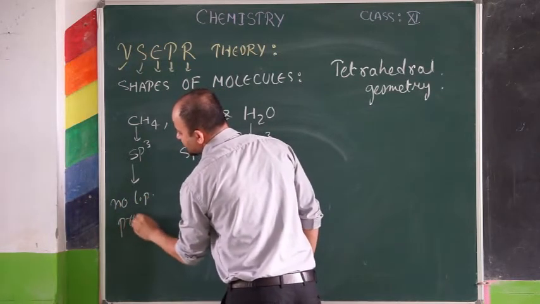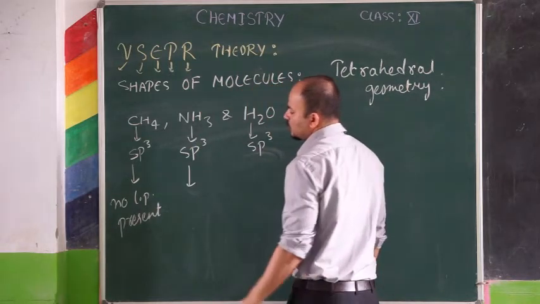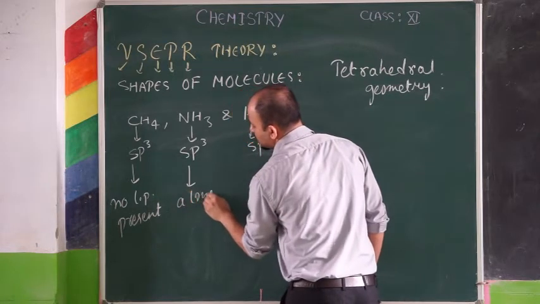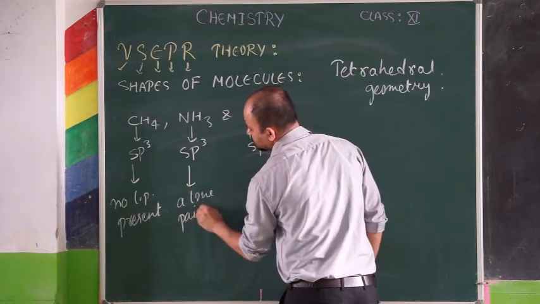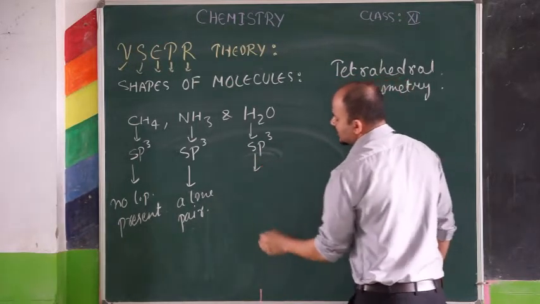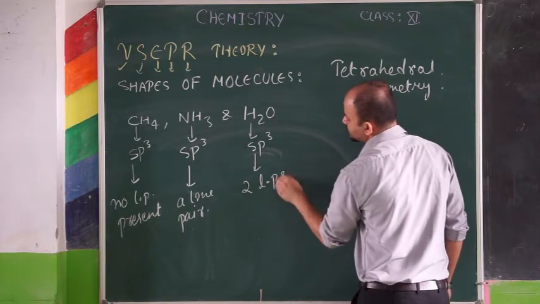In ammonia, you have one lone pair, and in the water molecule, it has two lone pairs.